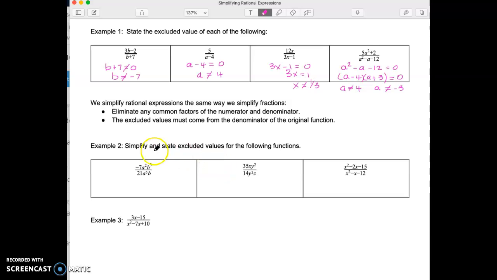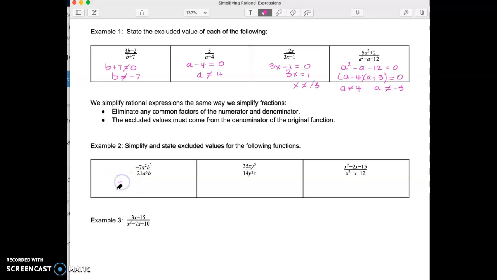And so to make sure that we're getting ready to look at those scenarios, we do want to think about excluding values from our original function. So for example 2, remember that when you are simplifying fractions or things with exponents, we treat the numbers in the front like a fraction. So 7 would divide into both of those numbers.